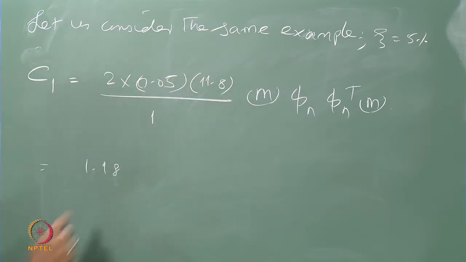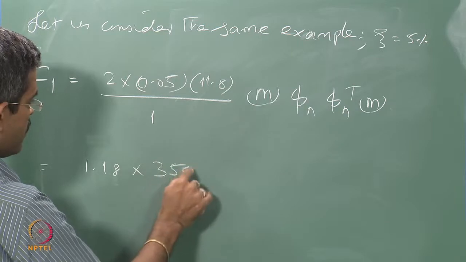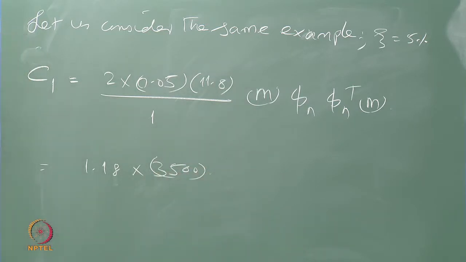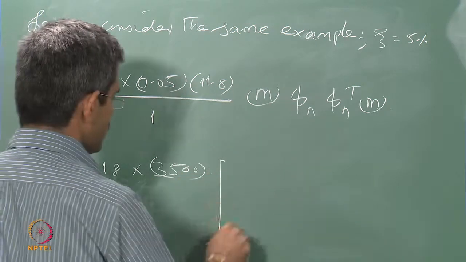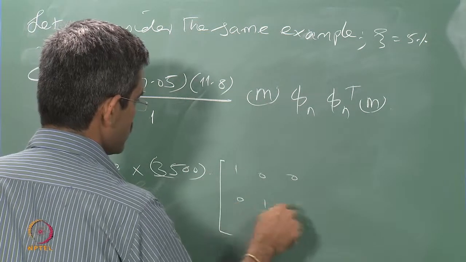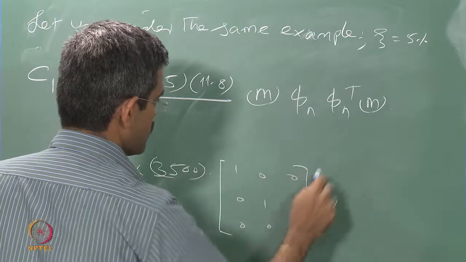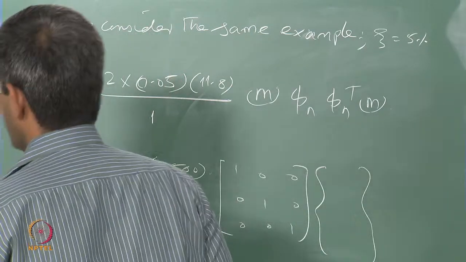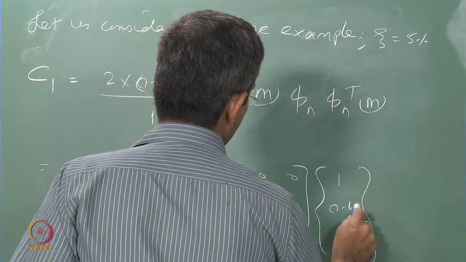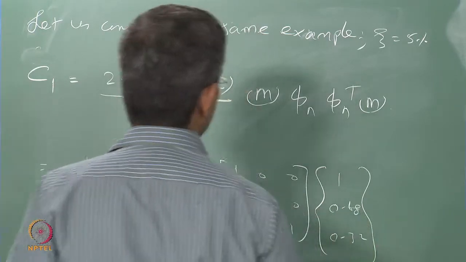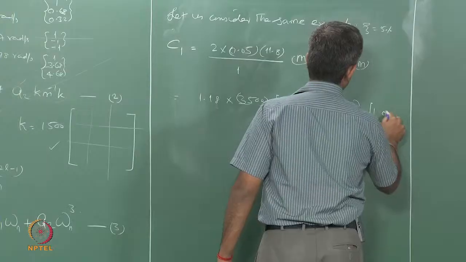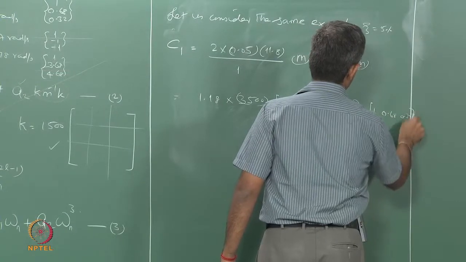1.18 multiplied by 3500, that is the mass value, phi n. Phi 1 is 1.68, 0.32, 1.68, 0.3.